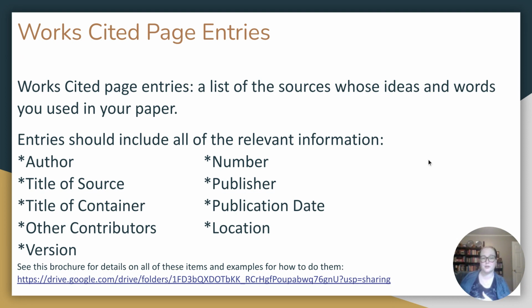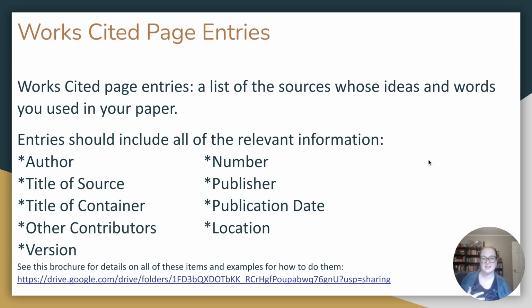Other contributors like editors or translators. Versions, so like if it's a first, second, third edition. Number is usually volume and issue number from journal articles. Publisher, who put this out into the world.